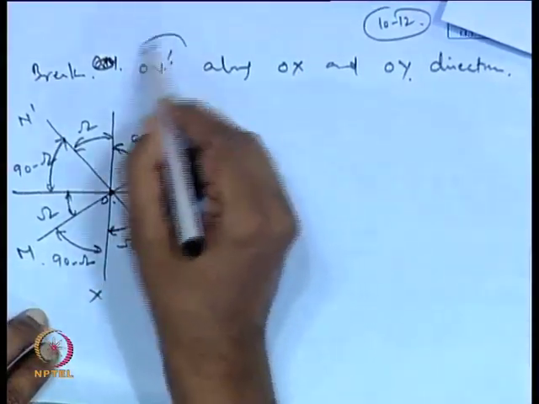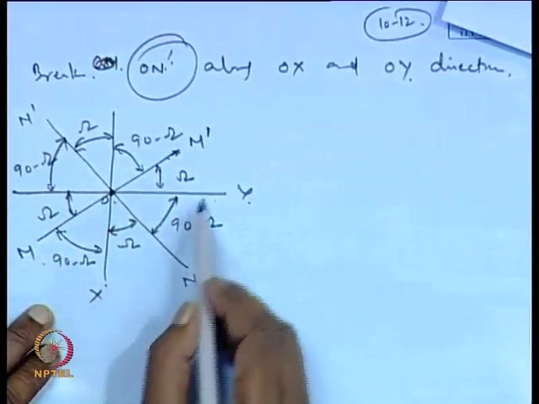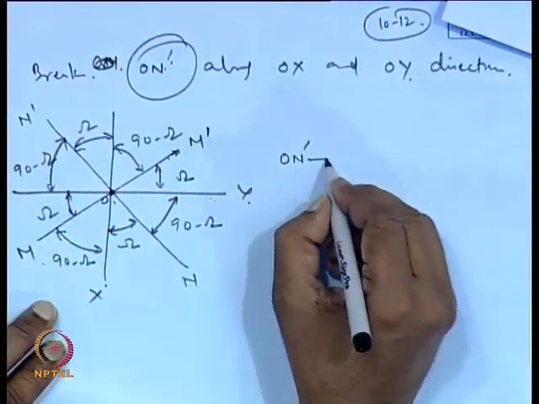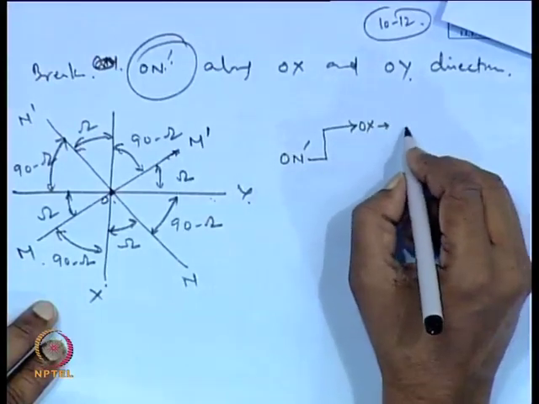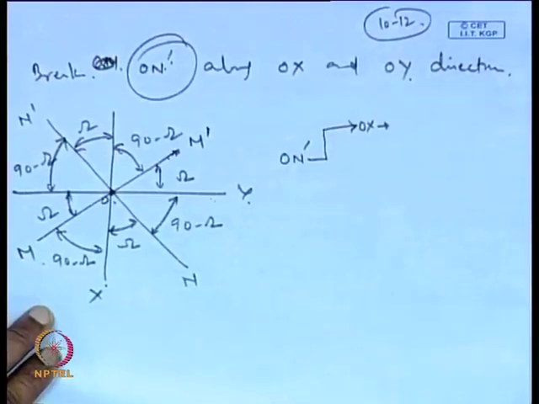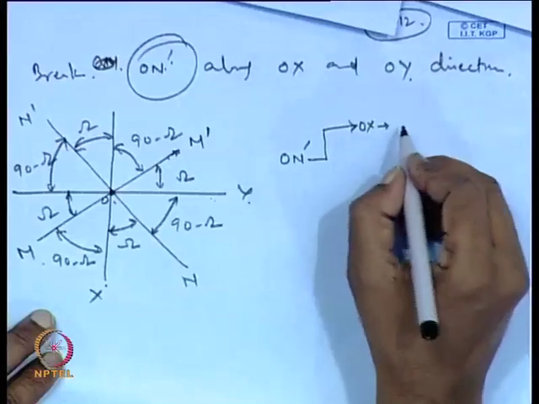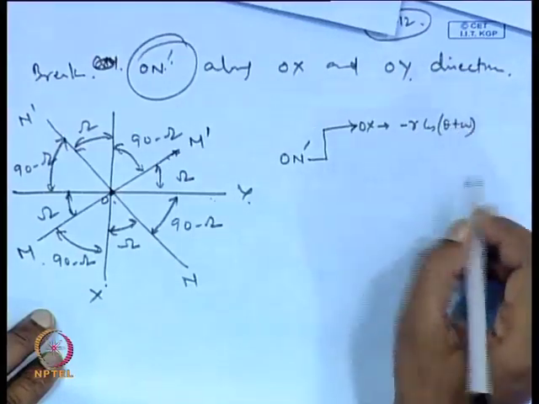So, what we need to do is break O N prime along the O X and the O Y direction. So, breaking this along the O X direction, this will give us, O N prime is minus r cos theta plus omega, okay.